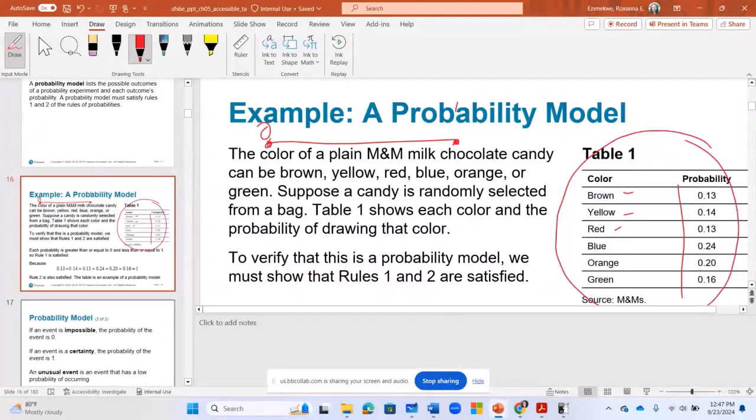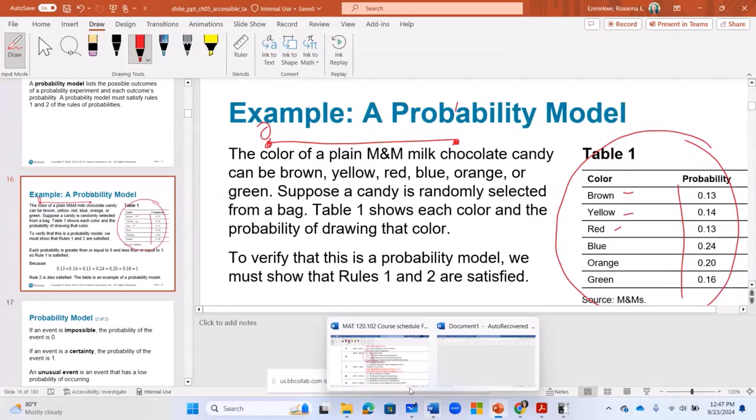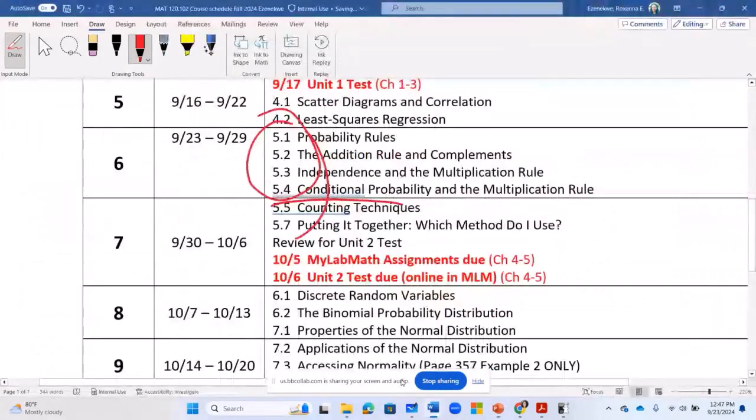So this explains the laws of probability, and that is the first section, section 5.1. There are so many things in section 5.1. We're not interested in all of them because there's a lot of things we have in the book, but we are following what is in the syllabus. In our syllabus, the only thing we need to know is the probability rule and apply it.